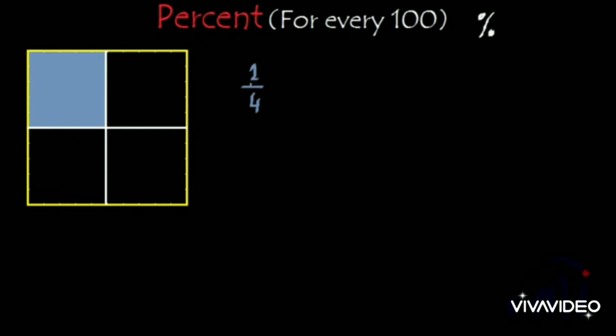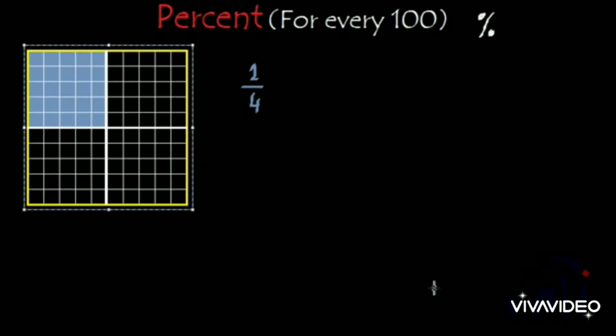So if we have to write this fraction out of 100, we have to see how we will convert the fraction into 100. Suppose we divide this chocolate into 100 parts, from which we can easily get how much percent of chocolate is being consumed by you.